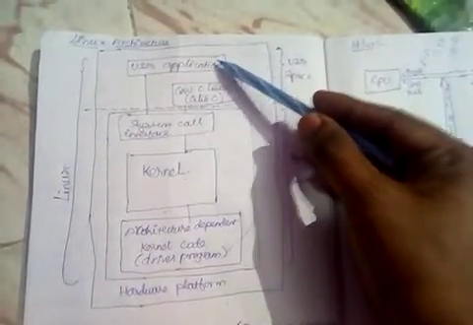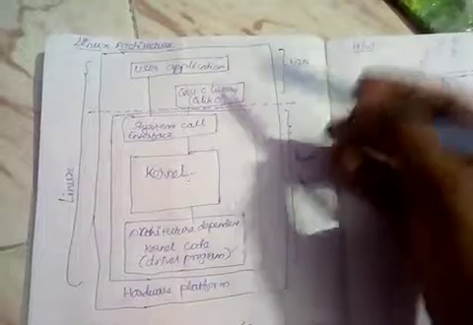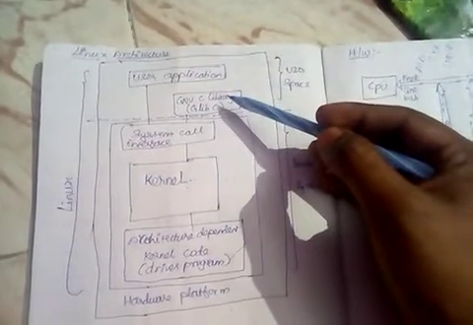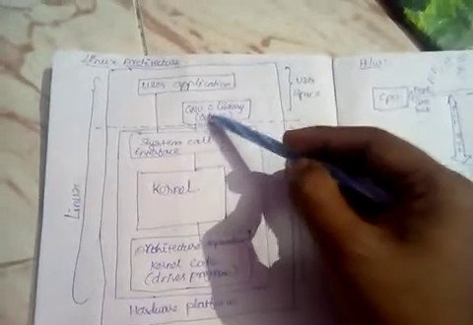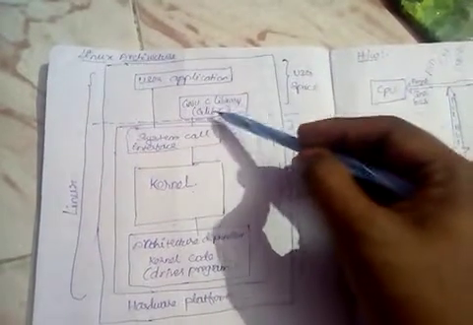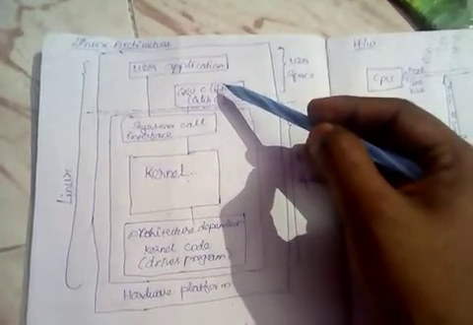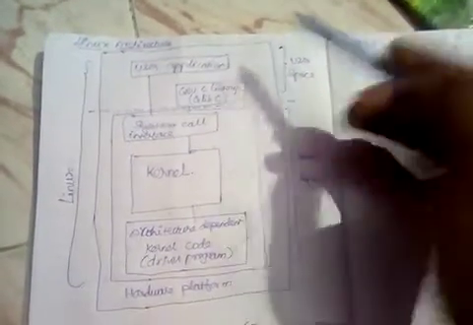In user space we have user applications. It may vary depending upon the number and type of applications. Actually, I have included a GNU C library too, which is used for compiling code.